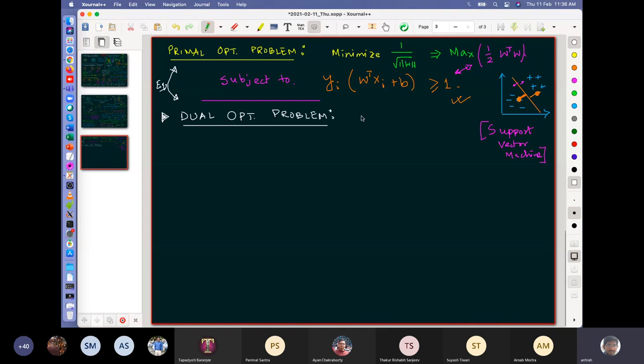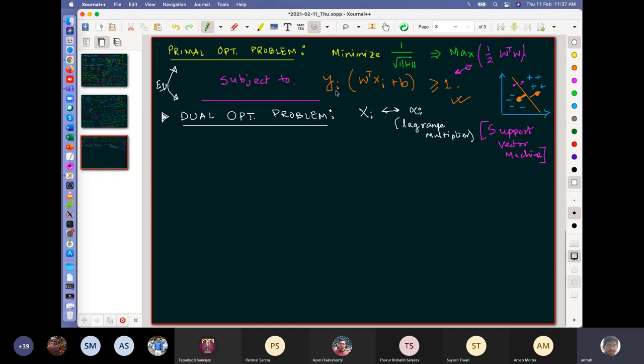So what they do, there is something called a Lagrange multiplier. For each point xi in your training set, they have something called alpha i, which is called a Lagrange multiplier. This is just a mathematical transformation. Try to follow this because the proof is a little bit big, but it's there in any optimization book.